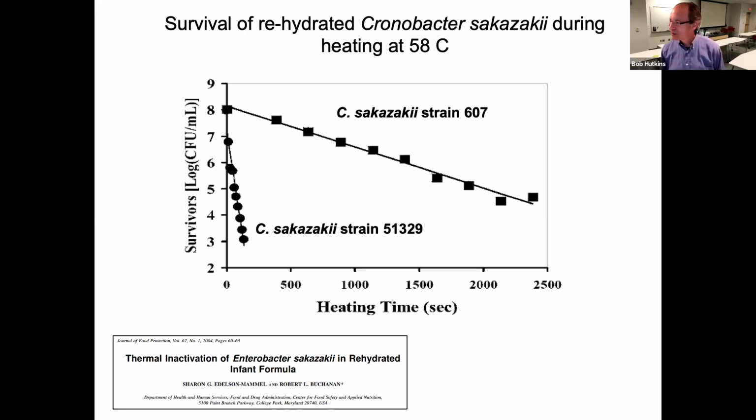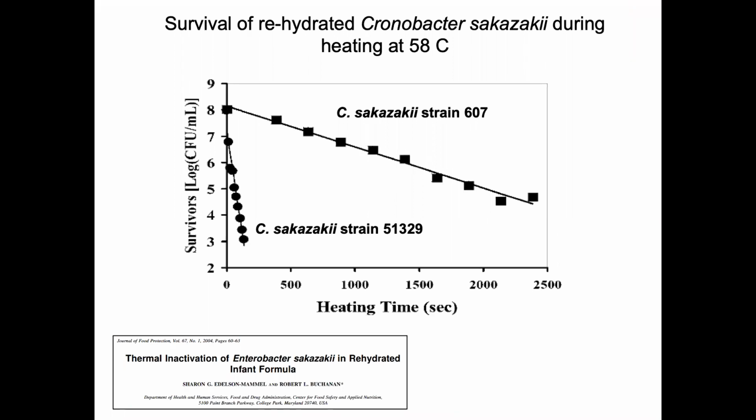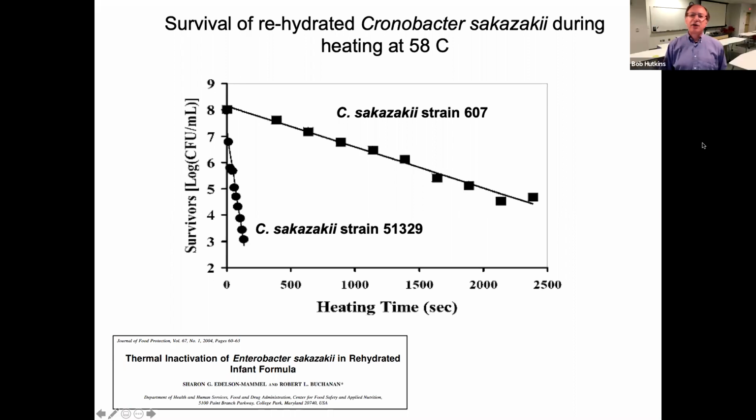Somebody give me an answer. So I got two different answers. Which one's more thermal tolerant? 607 is. This is the one you would use. For some reason, this strain's too sensitive. You want to use the one that's more thermal resistant, which is 607, right?